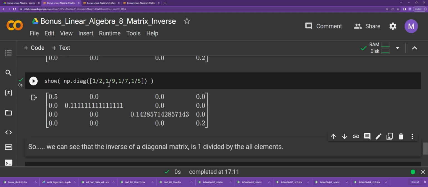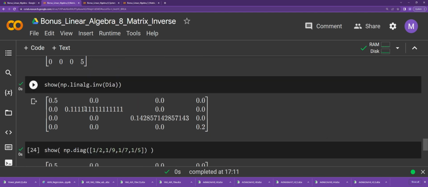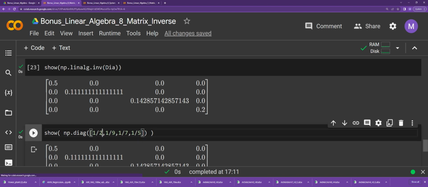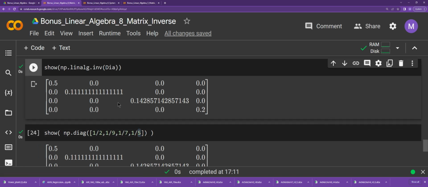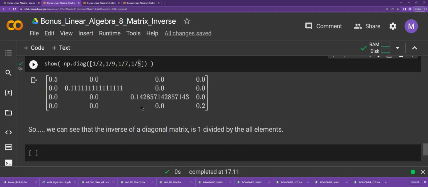So np.diag of these numbers is the same as the inverse of the actual matrix that had these numbers in the diagonal. That should give you some hints as to how the inverse of a diagonal matrix is created.